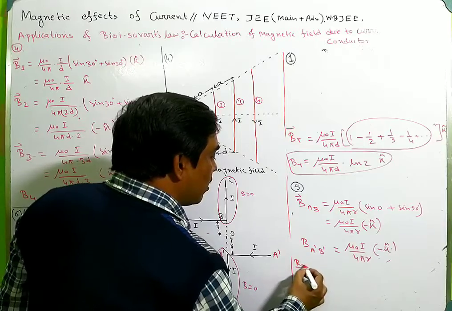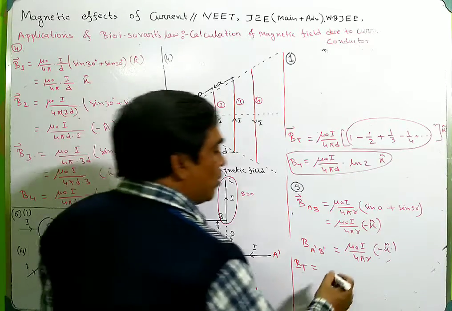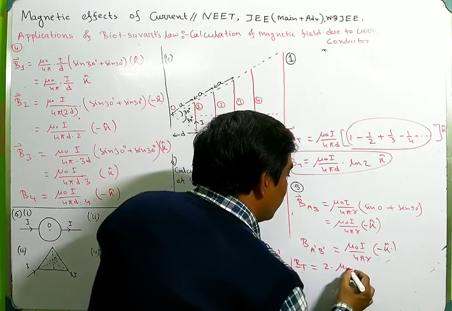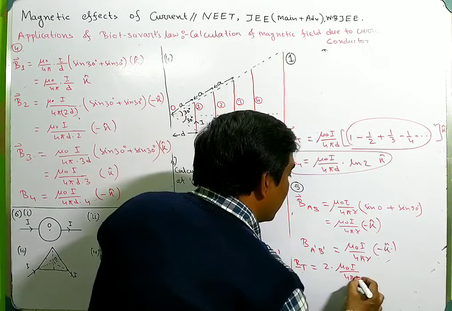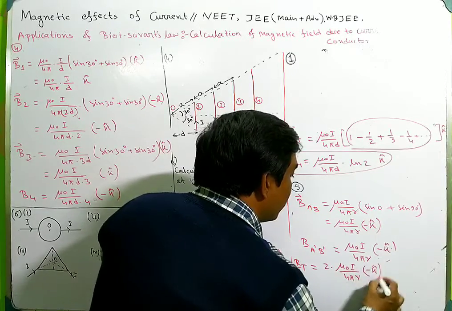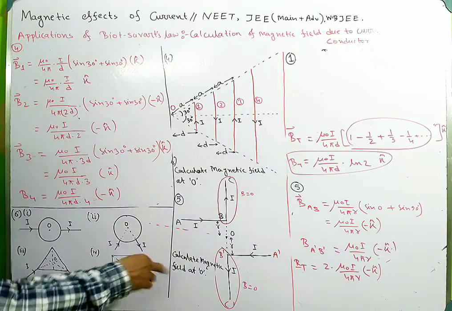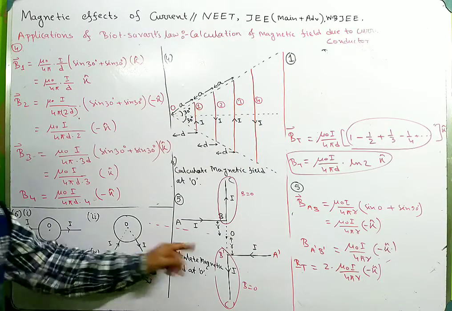So the total magnetic field is 2 into mu 0 I by 4 pi r into minus k cap. This is the solved problem number 5.